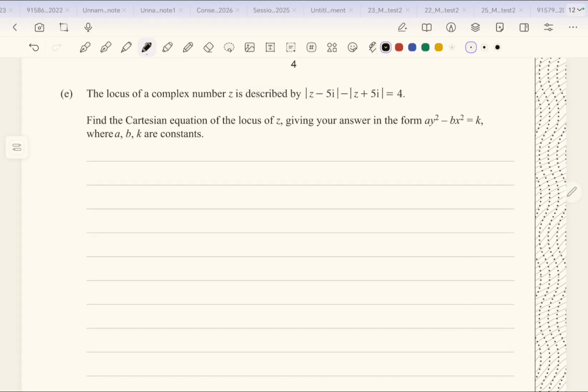For our excellence question, it's testing our locus. The locus of a complex number z is described by the modulus of z minus 5i minus the modulus of z plus 5i equals 4. Find the Cartesian equation of the locus of z. Give your answer in the form ay squared minus bx squared equals k, where a, b, k are constants.